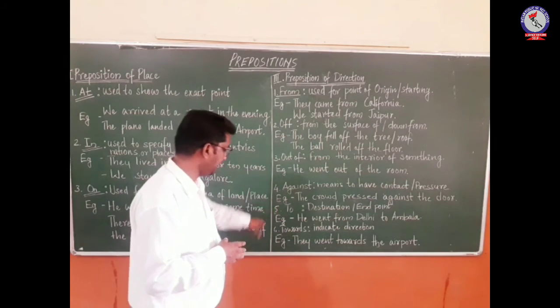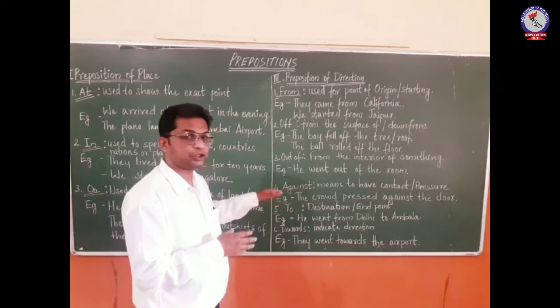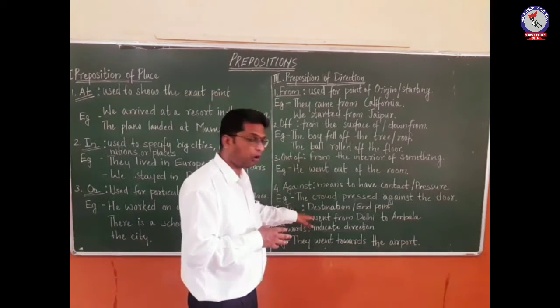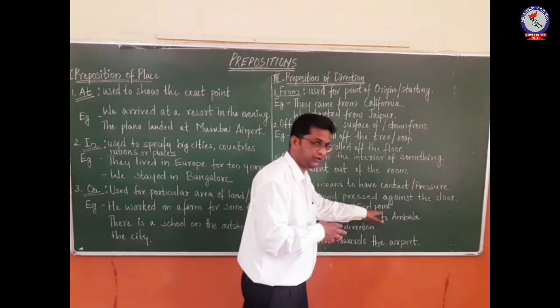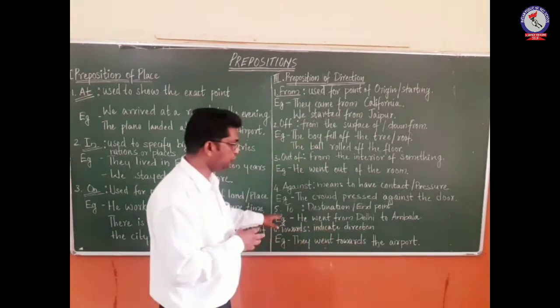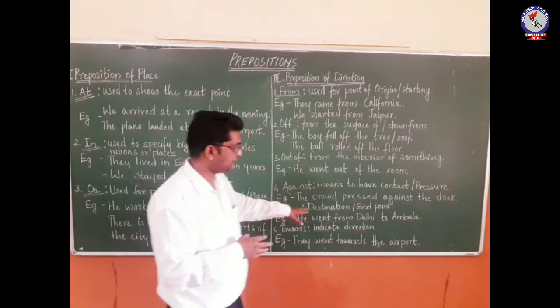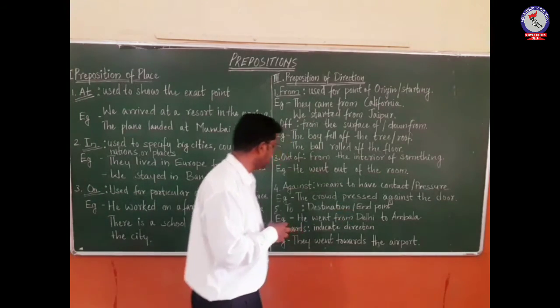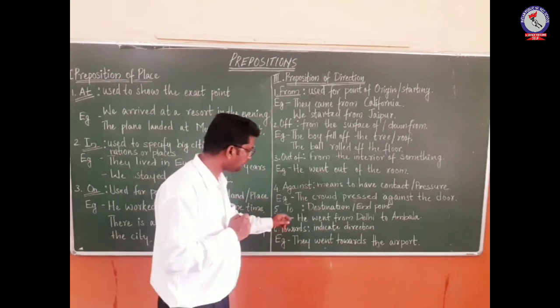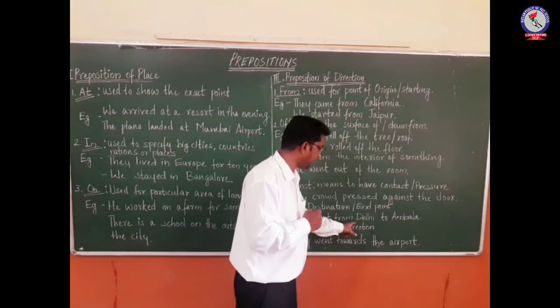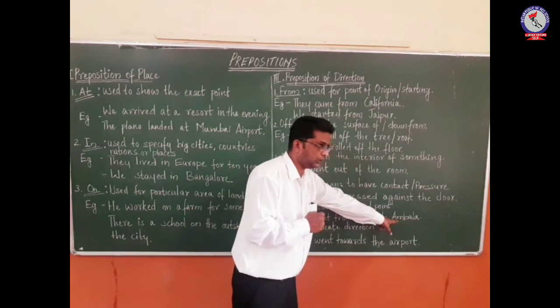See the next, to. It is used to show the destination or the end point. We will use to to show destination and end point. See the example. He went from Delhi to Ambala.